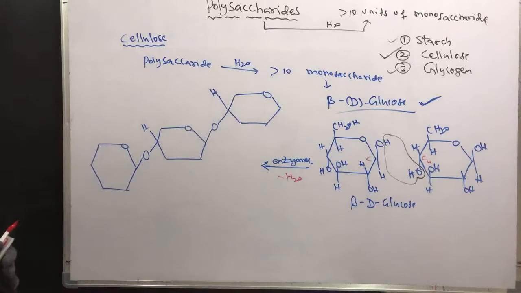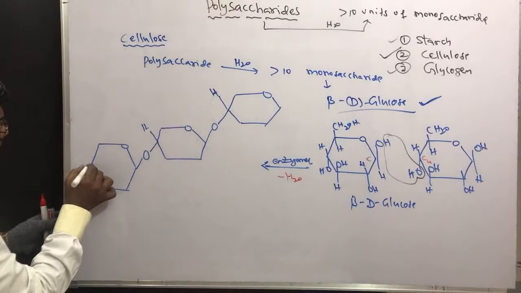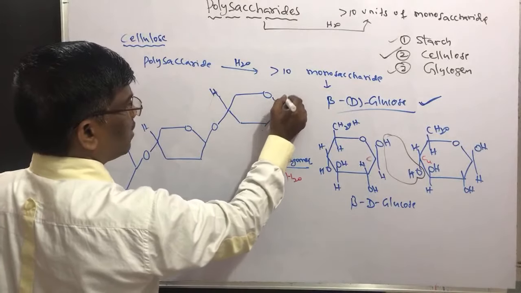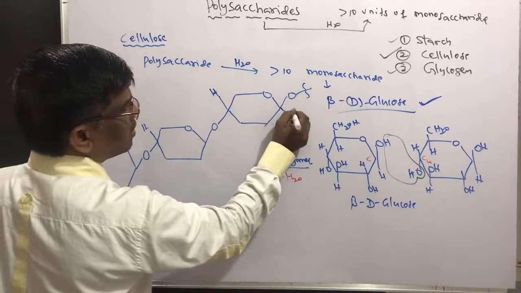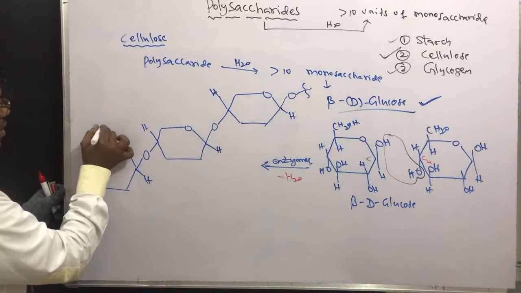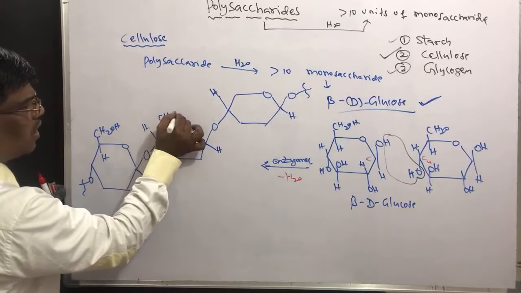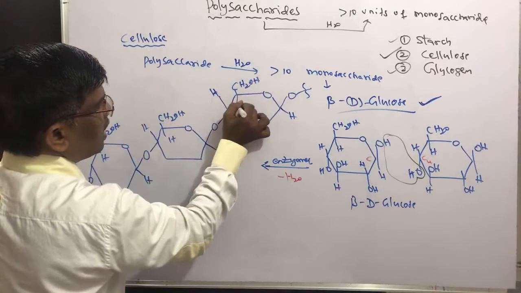So this is how you will get multiple units in a chain. So it is going to have CH2OH, hydrogen, CH2OH, hydrogen, CH2OH, hydrogen.